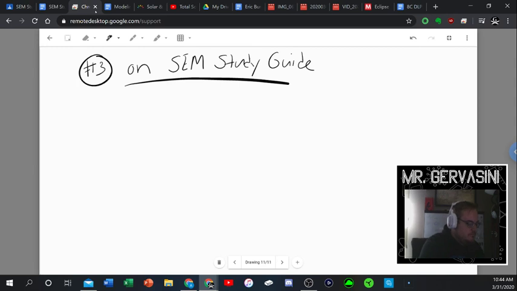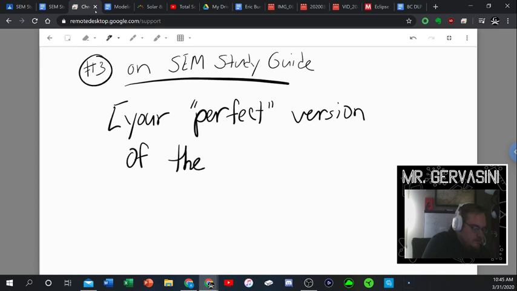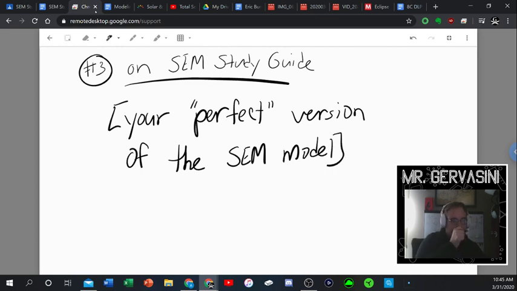So your answer is your perfect, and like Rainey said, nobody's perfect, your perfect version of the SEM model. That's what your answer would be for number 3.